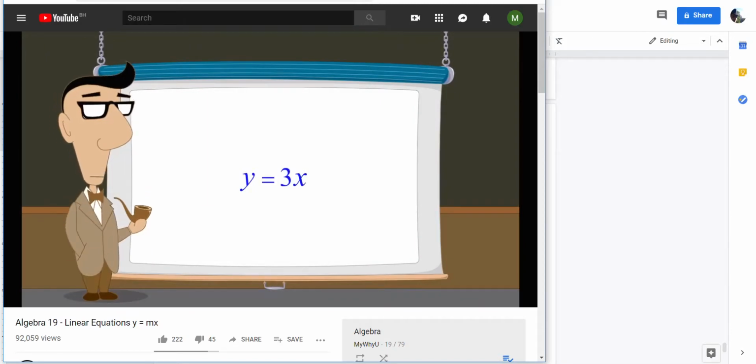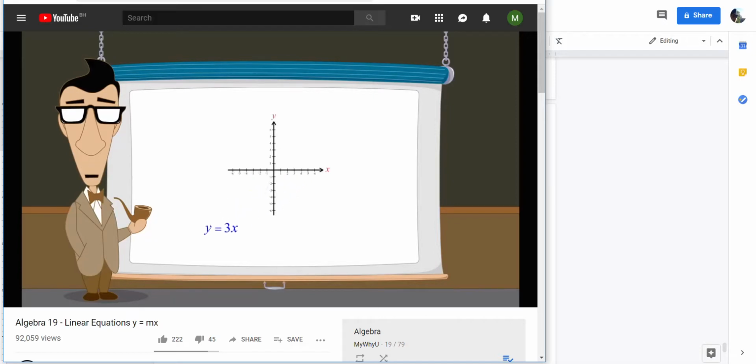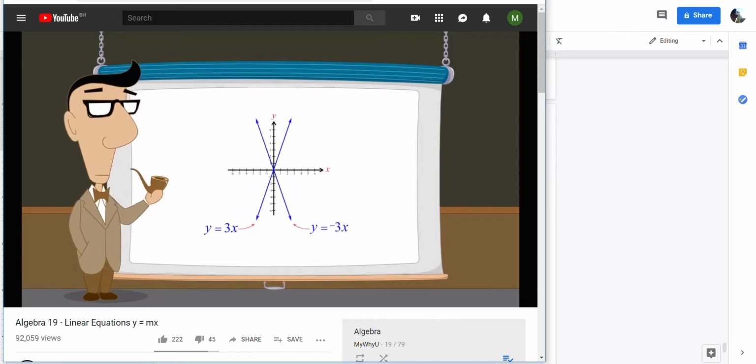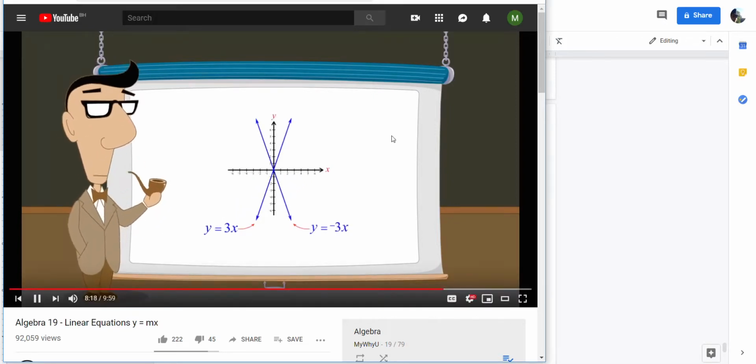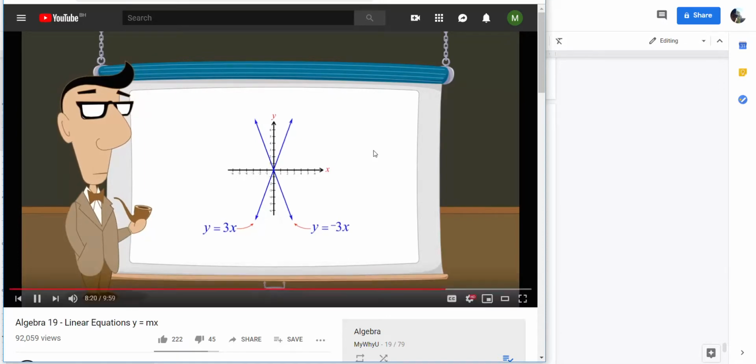So for linear functions, the coefficient of the independent variable x determines the slope of the graph. The coefficient's sign determines the sign of the slope, and the coefficient's magnitude determines the magnitude of the slope.